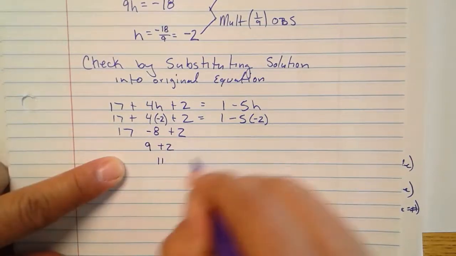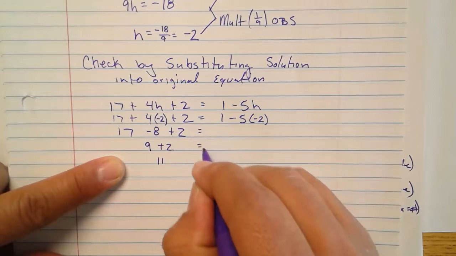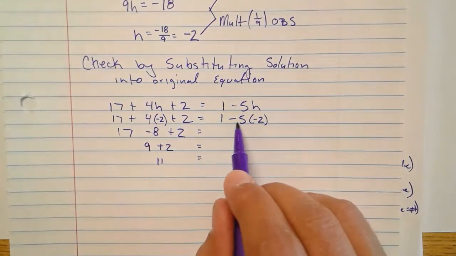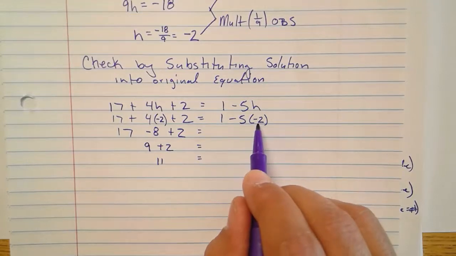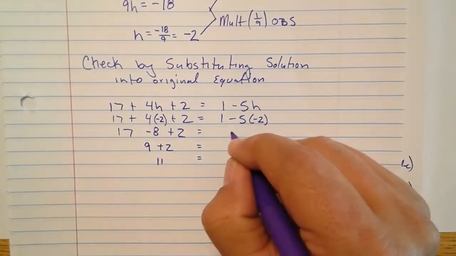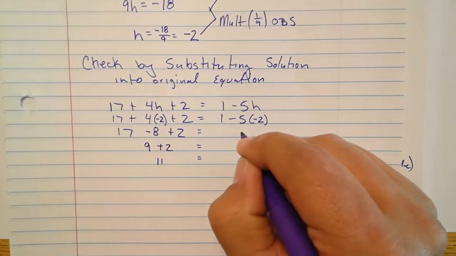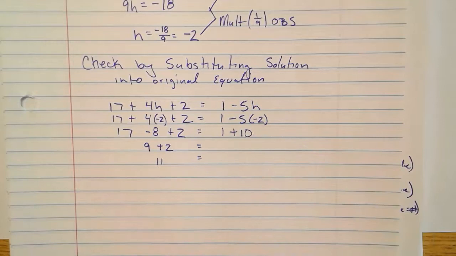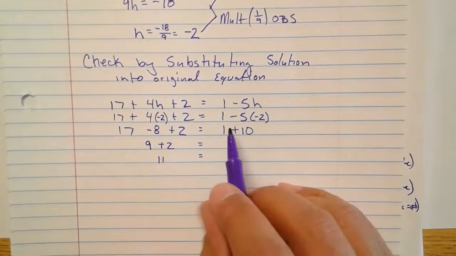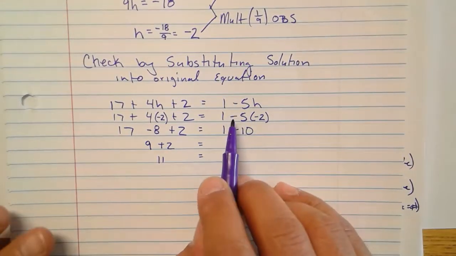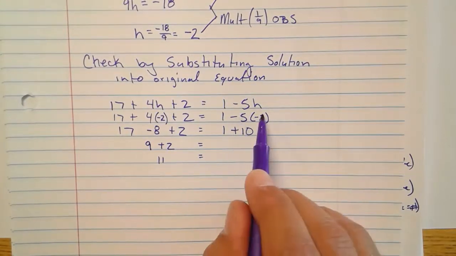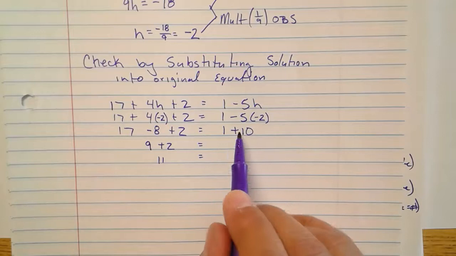Don't forget your equal signs. Negative 5 times negative 2 is positive 10. 1 plus 10. I know some of you might ask yourselves, but isn't that minus, Mr. Barajas? Well, since I multiplied the negative 5 times the negative 2, that changed it into a plus 10.